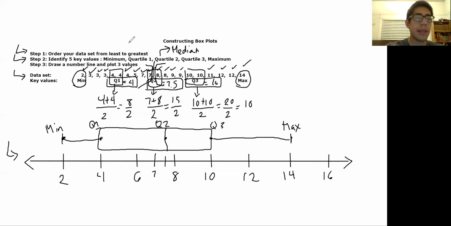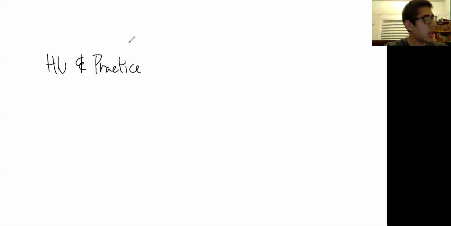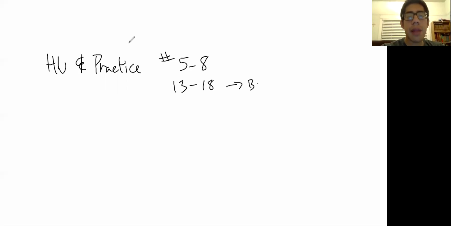Let's see. The homework and practice for this week should be numbers 5 through 8, as well as 13 through 18. These numbers are your box plots problems, and these are your histogram problems.